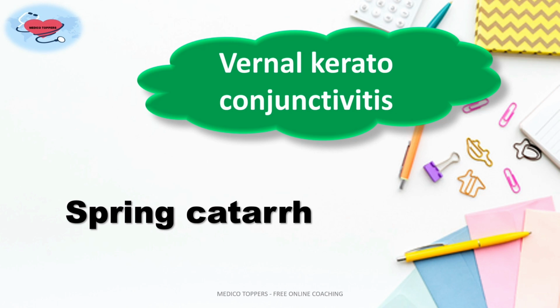Here the reaction occurs due to external allergens, so that will produce intense itching and mucoid or stringy or ropey discharge. Also a cobblestone appearance will be seen in the papillae of upper eyelids. So as we have discussed already, phlyctenular conjunctivitis is type 4 hypersensitivity reaction, but spring catarrh is type 1 hypersensitivity reaction.